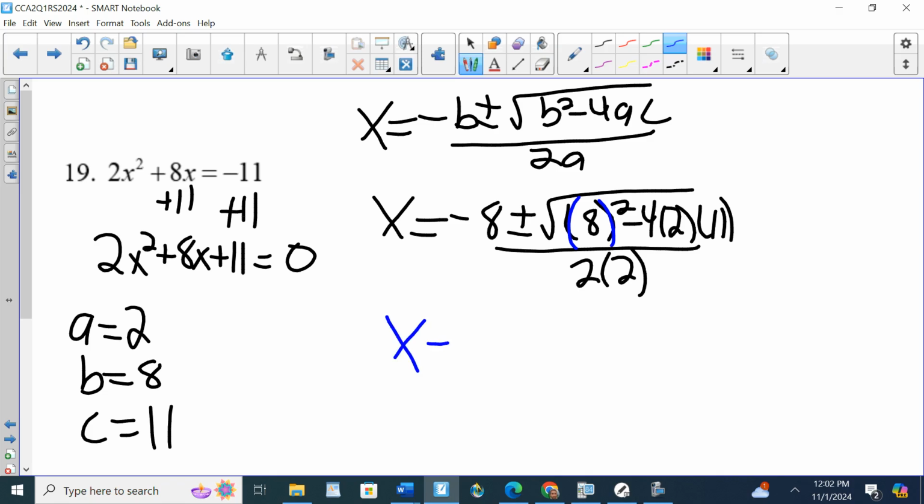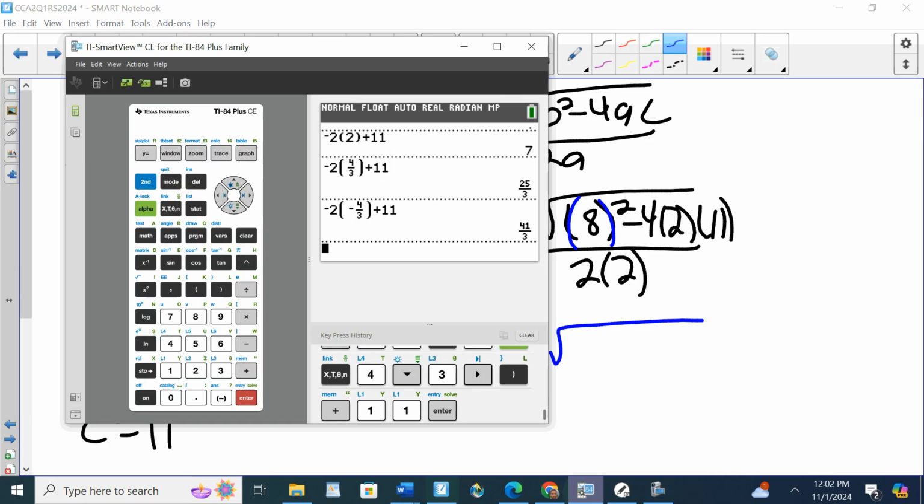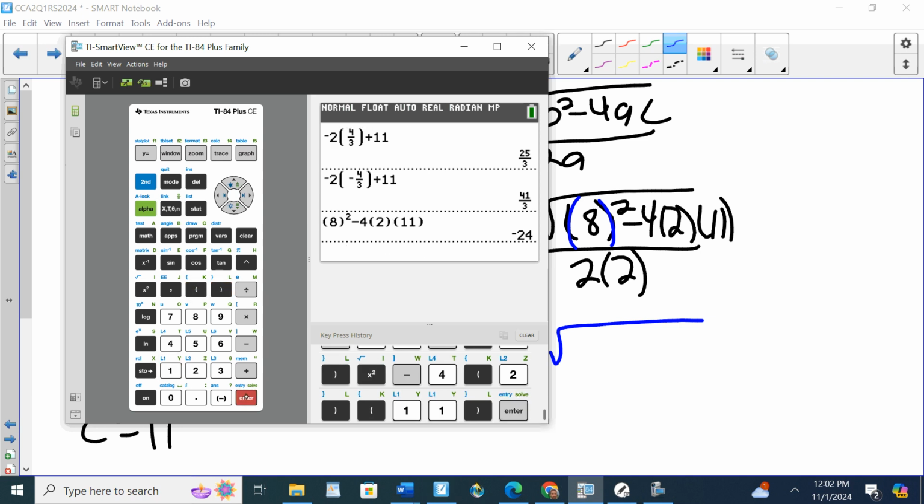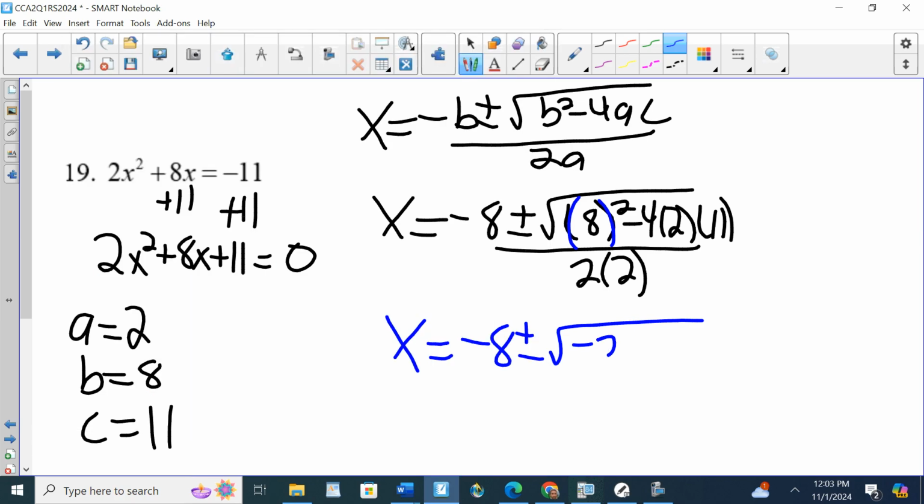I type what's inside the radical into the calculator. Where's my calculator? 8 squared minus 4 times 2 times 11 is negative 24. A lot of students get messed up at this point.